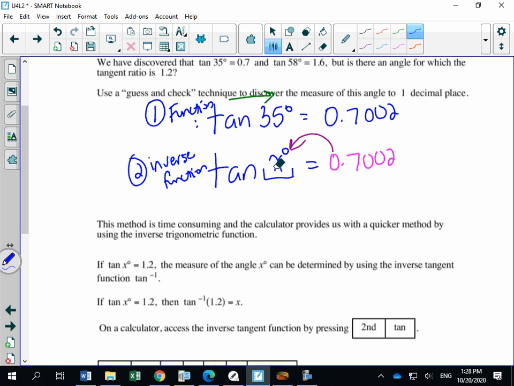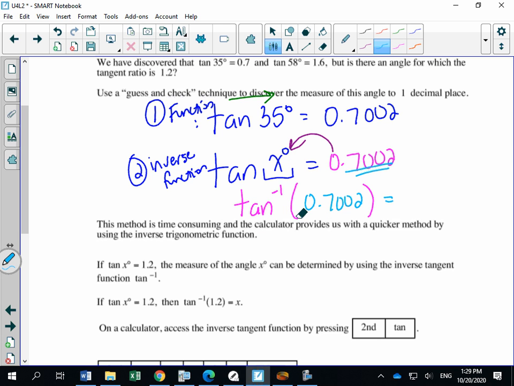Whenever I ask you to find an angle, you're going to do this. How you type it in or how you write it is to show me that you're going backwards is tan -1. Now, it's not actually a -1. How I would read this is the inverse tan. Then you open up a bracket, and the ratio goes in the bracket. So 0.7002. We're going to hit enter, and what will spit out is the angle.